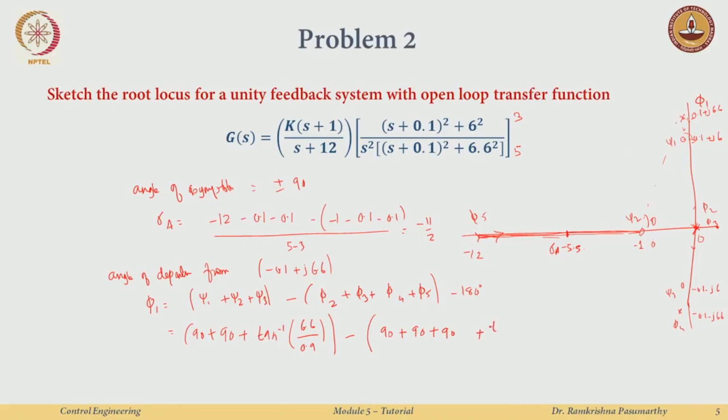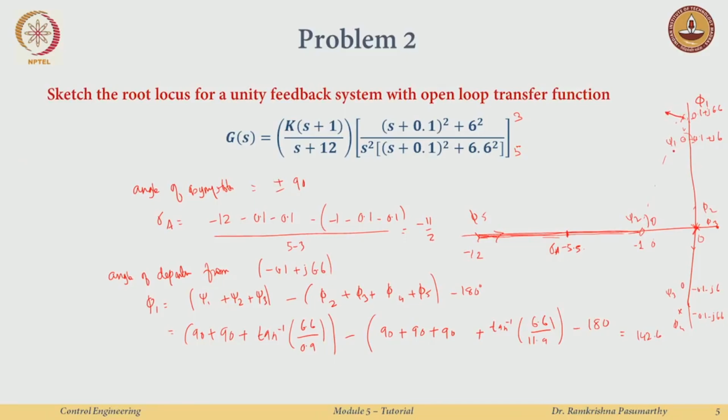So, that is inverse tan of 6.6 by the horizontal distance 11.9, and all of this minus 180. So, that will give me an angle of 142.6. So, now I know that from here I am actually going in this direction.